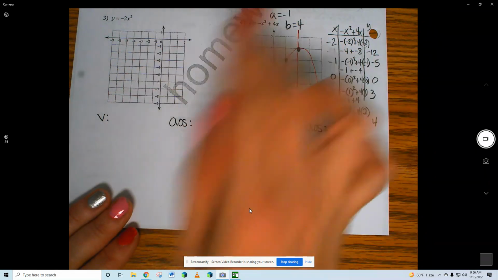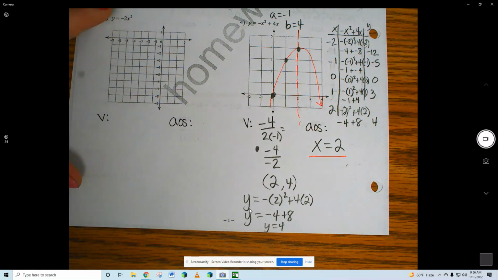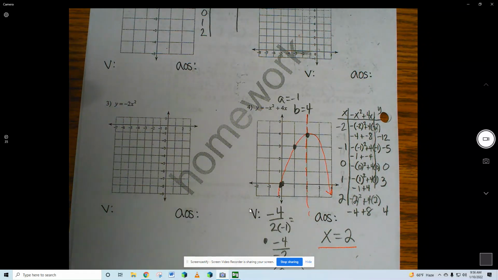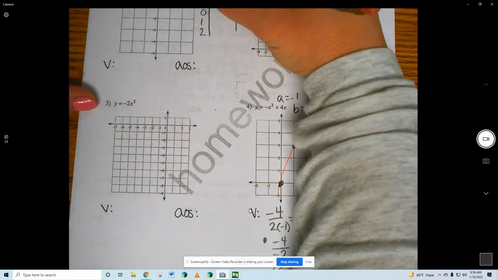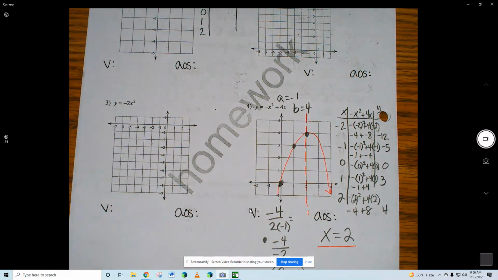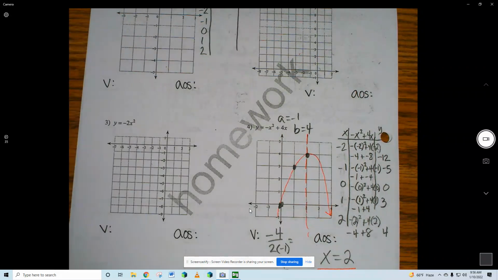So 1, 2, and 3, you can do the negative b over 2a, or you can do the graphs like we did last week where you pick table of values. So this is good review for last week too. Your problems are both pages. I'm going to stop the video.